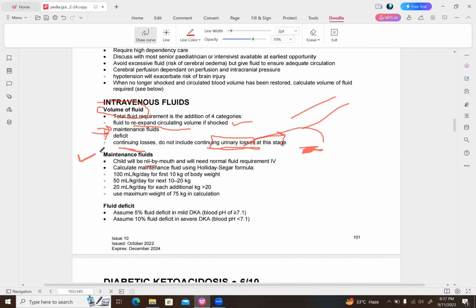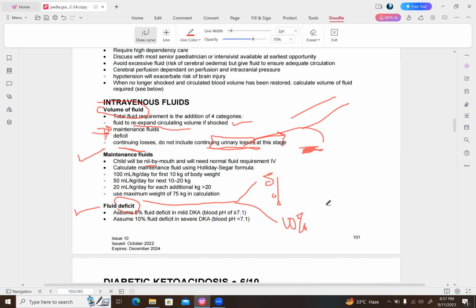So how you calculate the maintenance fluid and how you calculate the deficit, it depends on whether you consider this 5% dehydrated, all right, or you consider this 10% dehydrated. And I have told you it depends on the pH.